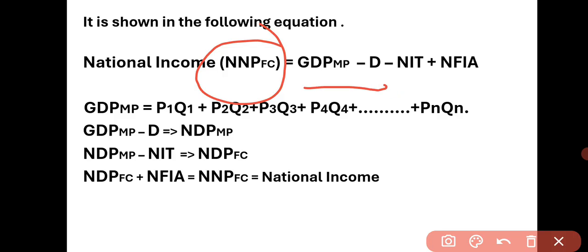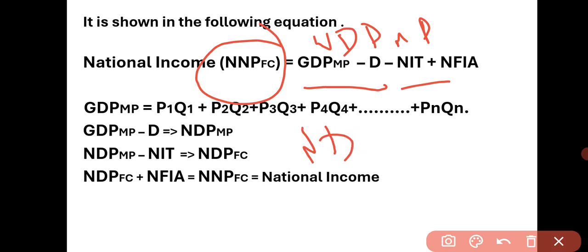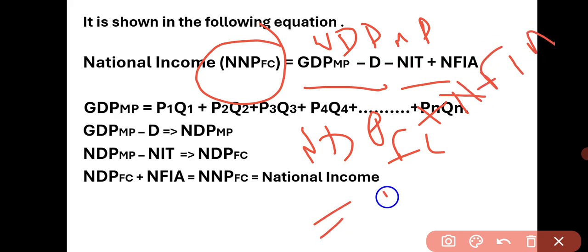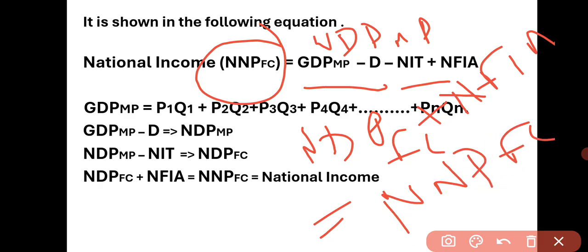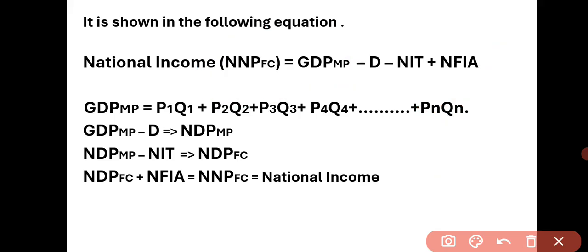When we deduct depreciation from GDPMP, we get NDPMP, then minus NIT, we get NDPFC, then plus NFIA gives rise to NNPFC, that is national income. So you see, national income is equal to GDPMP minus depreciation minus NIT plus NFIA.